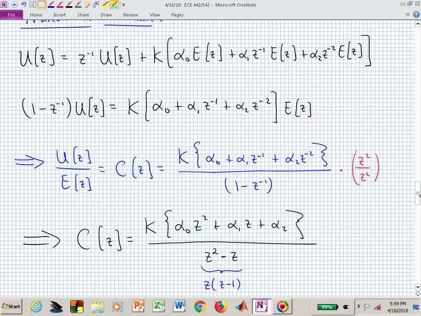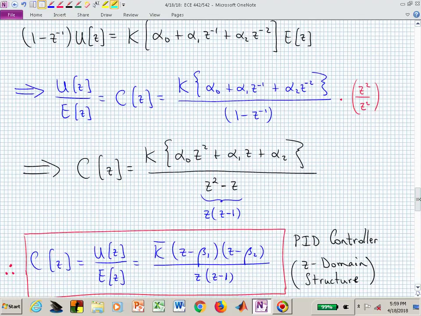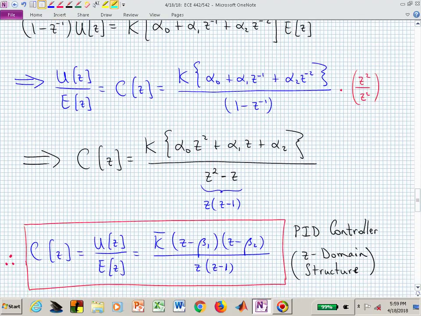Here, let's adjust that just ever so slightly by factoring out the gains, making the numerator such that without the gain we have a monic polynomial upstairs, or the leading coefficient, if we don't consider the gain, is just 1.